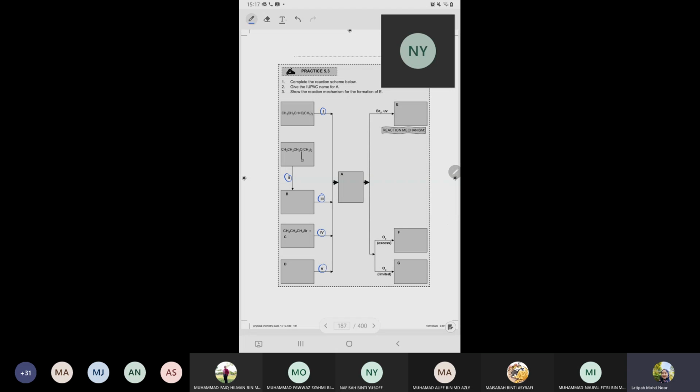Okay, kita nak try complete kan. So how to answer this question? You can refer to the mind map to get the answer. Ataupun kita boleh try brainstorm sama-sama lah.